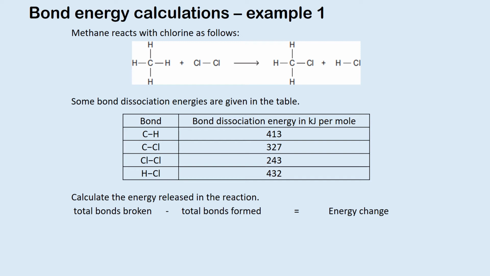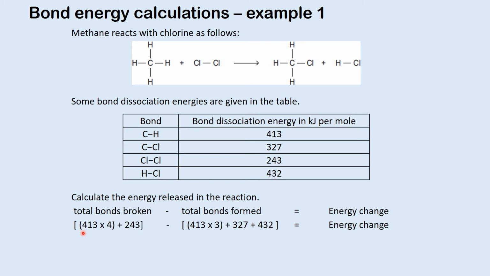If you look at the products, you've got 1, 2, 3 CH bonds, 1 CCl bond, 1 HCl bond. So it'll be 3 times 413, 327, 432. So there's that as a sum.